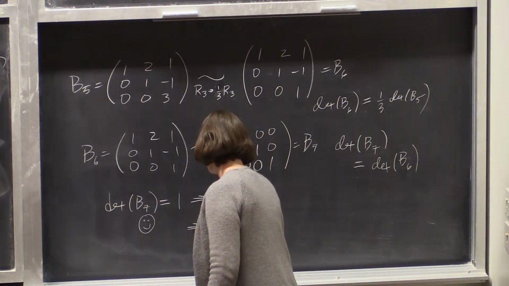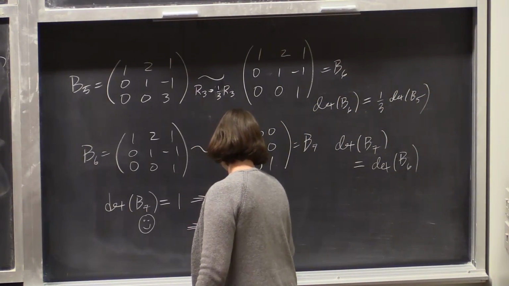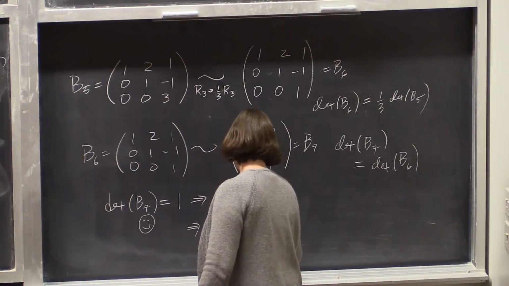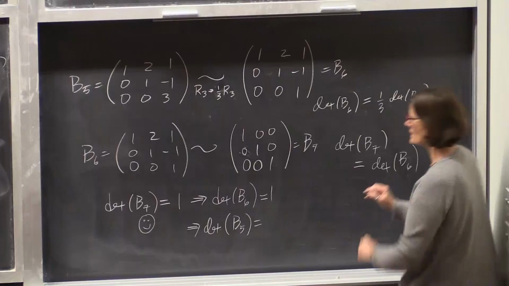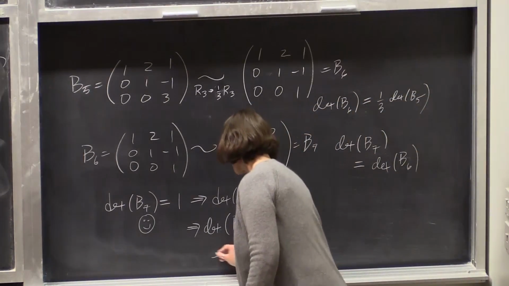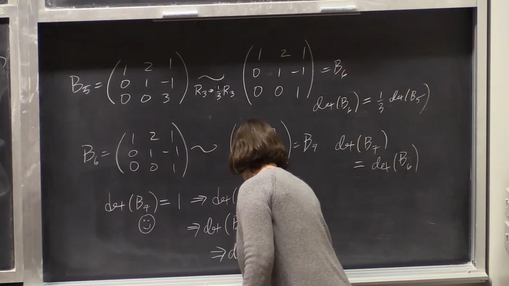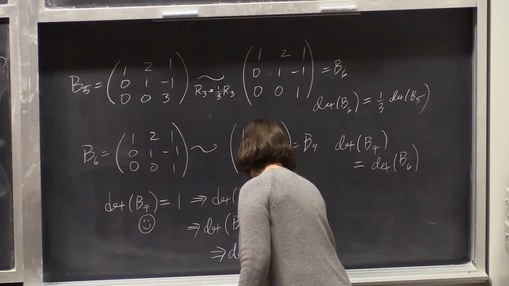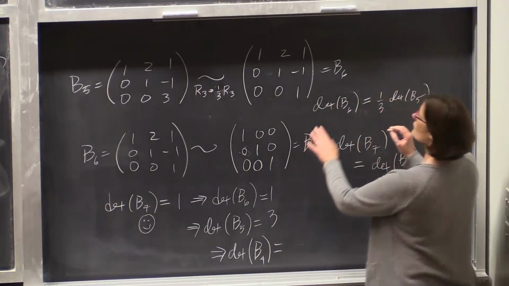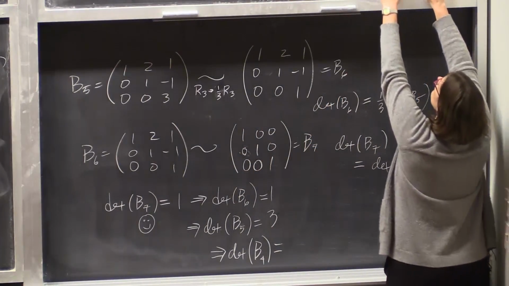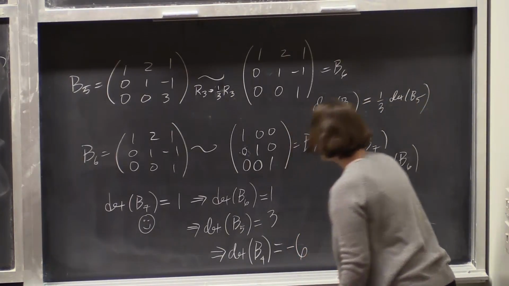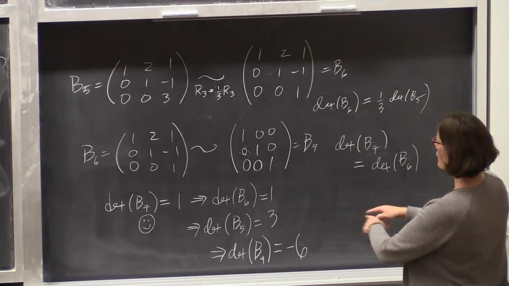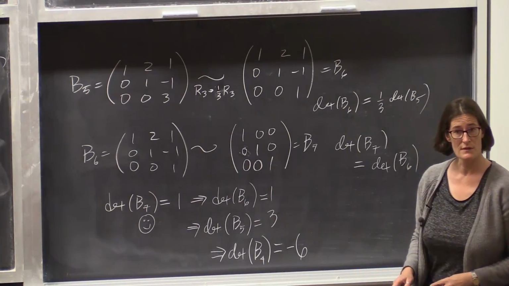This tells us that the determinant of B5, so you have to use this, is 3. This tells us that the determinant of B4, here, is -6. And now I can go all the way down to the determinant of A if I wanted.